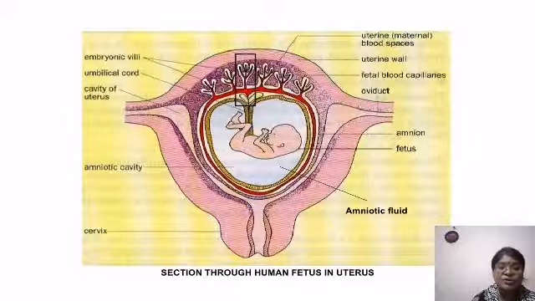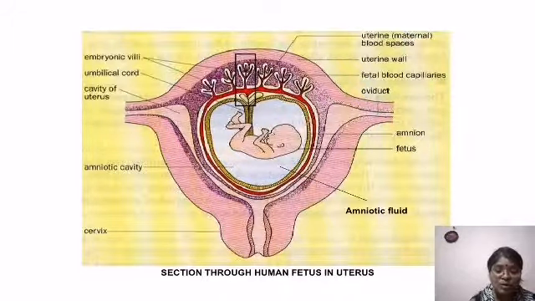Now the next layer is your chorion, which I have told you is the name given to the trophoblast cells. It will develop further, interdigitate with your uterus and form small projections called chorionic villi. The fetal blood vessels begin to grow into the endometrium.